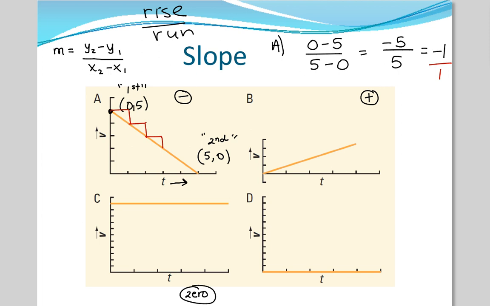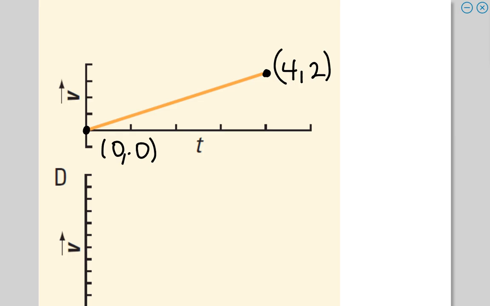Okay, let's do B. Let's get some points. What's this one here? 0, 0. And what's this one over here? Those look like smaller increments though, eh? Let's say that's 4, 2, because they're like half increments. Ultimately, I could put whatever value I want in there.